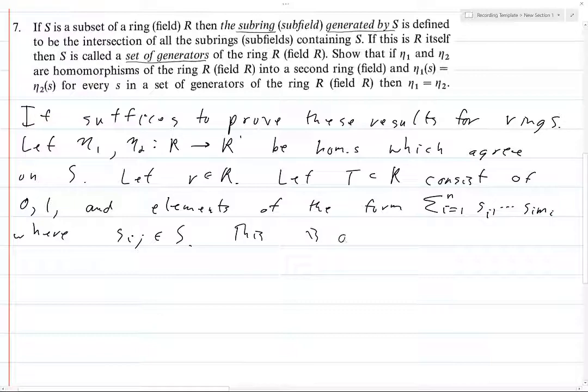This is a ring, and this is something you can verify if you want. Obviously, it contains 0 and 1. The addition and multiplication are the same as they are in R. This is a subring of R, and you can see that it would be closed under addition and under multiplication.